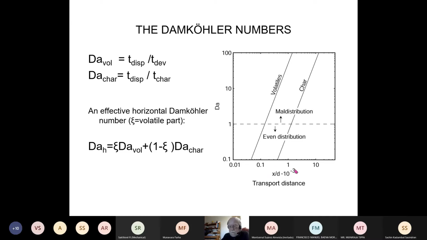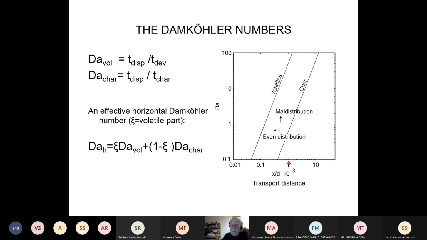If we have a certain dimension of the reactor, just to give an example, the size divided by the particle diameter, up to the cubic, 1000 divided by 1000.